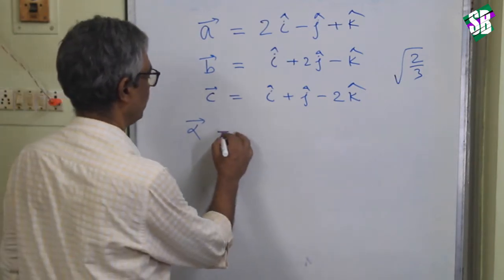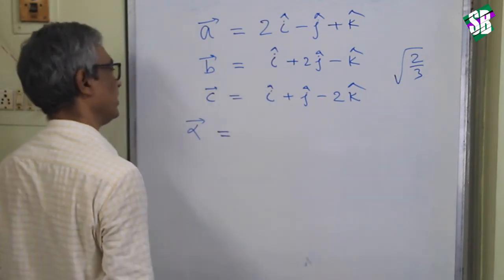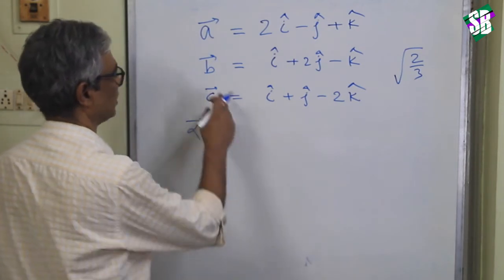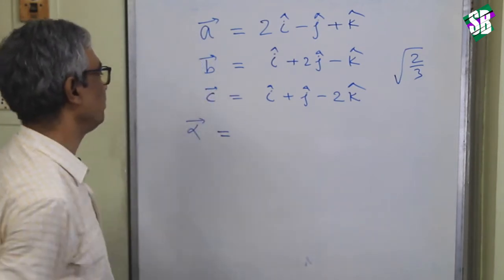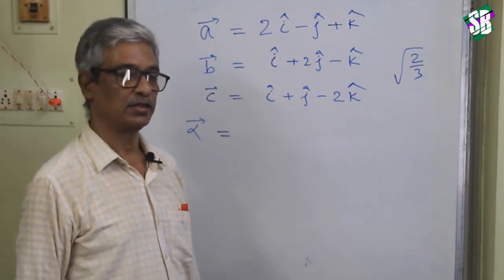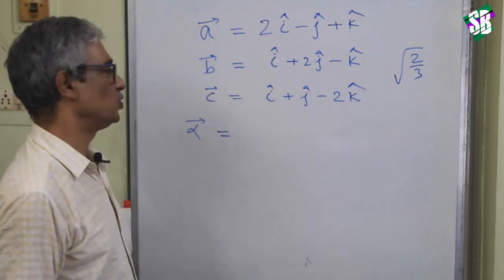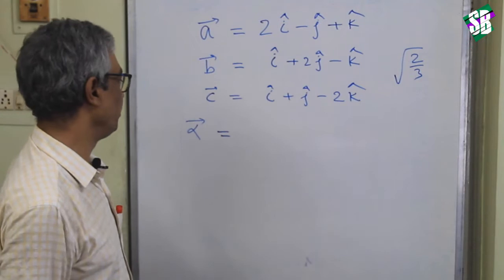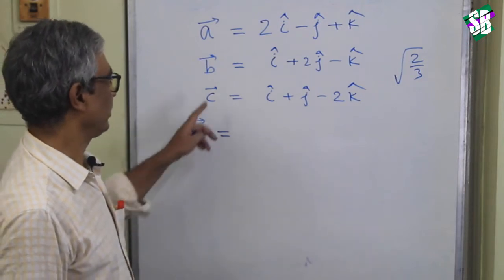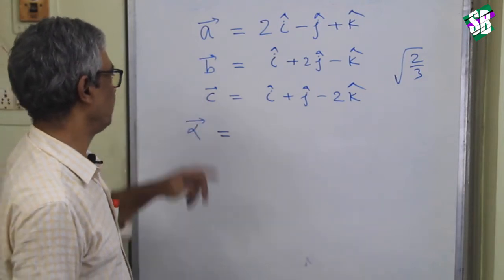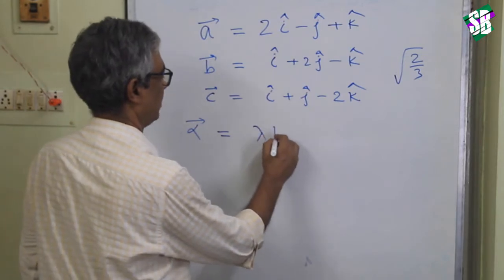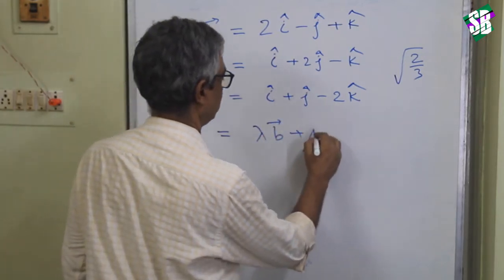I have told you in previous lectures that alpha vector can be expressed as a linear combination of B vector and C vector. That is, you can find two scalars lambda and mu such that alpha vector equals lambda B vector plus mu C vector.